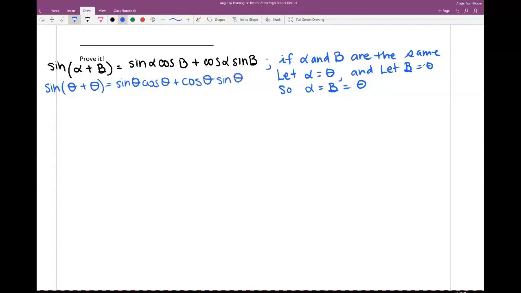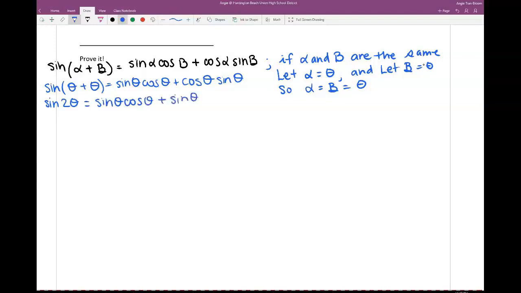And yes, in mathematics, what we do is we manipulate one equation to come up with another. So sine of theta plus theta is now sine of 2 theta, equals, well, would you agree that I can write sine of theta in the front?